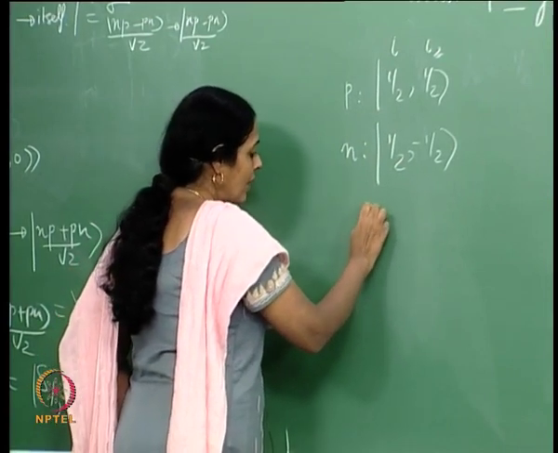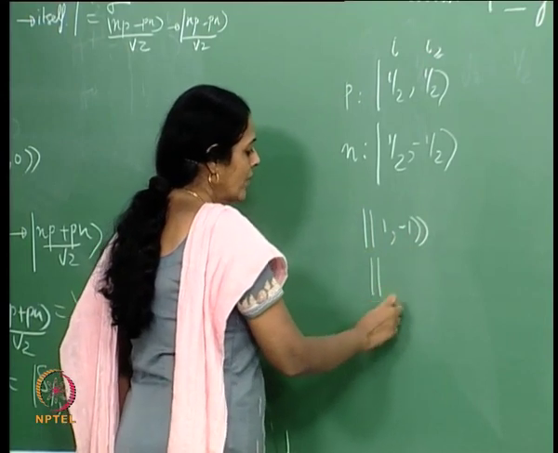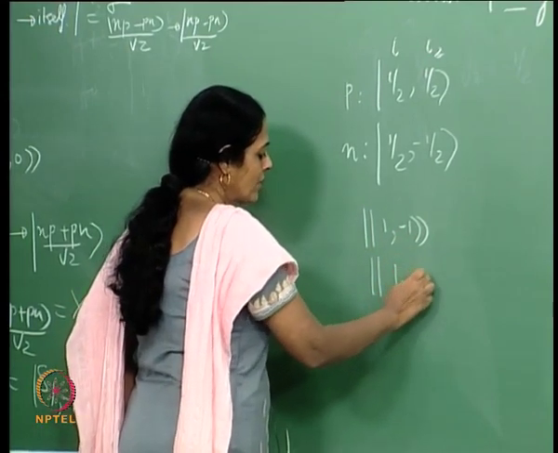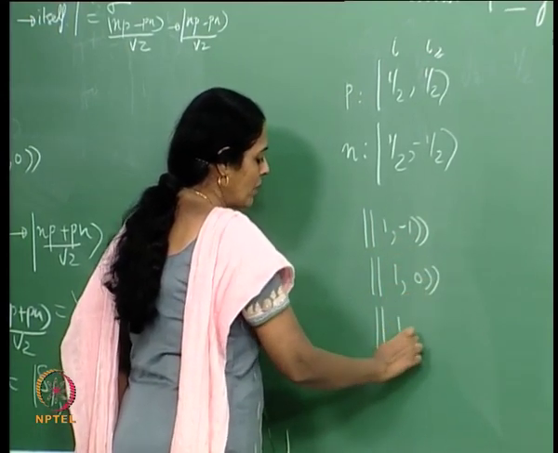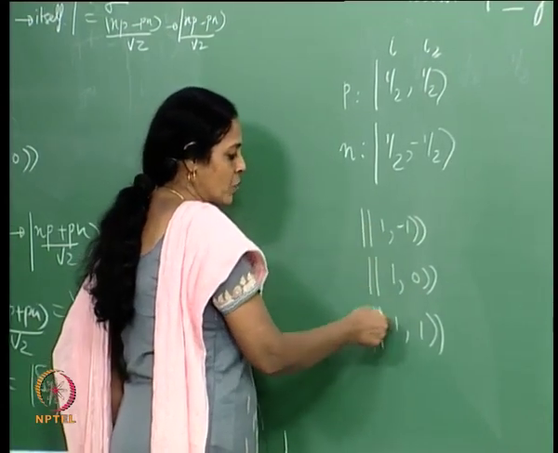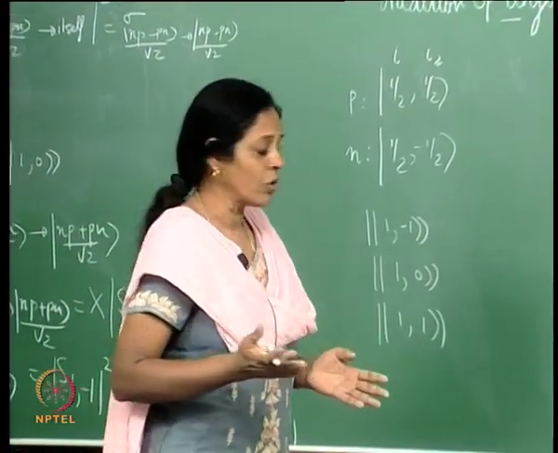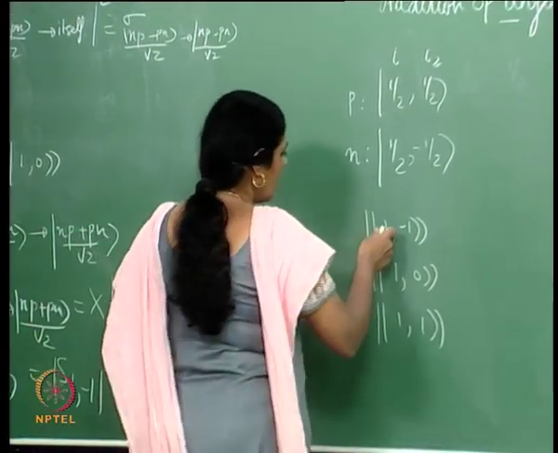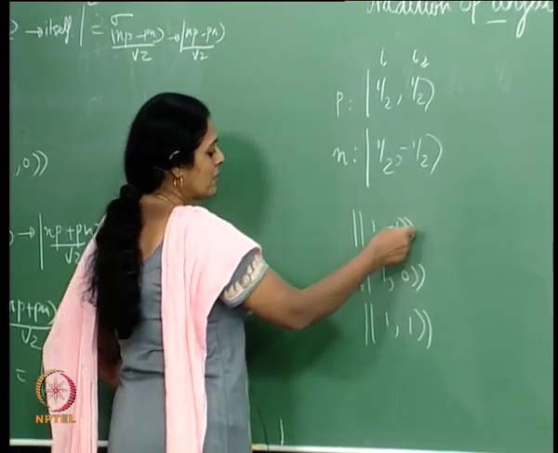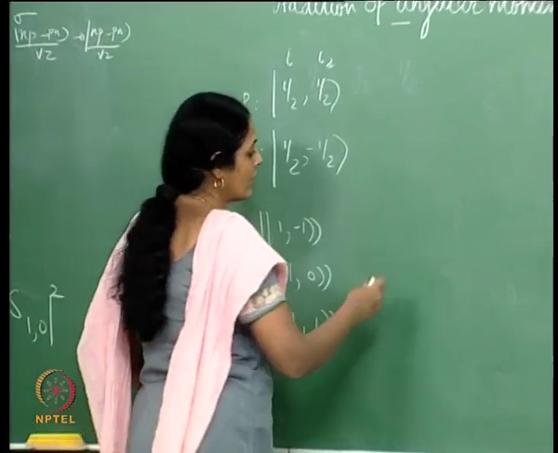Obviously, therefore, I cannot see the difference between 1, minus 1, 1, 0 and 1, 1, because these are all states with the same isospin value made of the same set of particles, nucleons, 2 nucleon system with I equals 1, but the Iz value changing. And therefore, I will use a shorthand notation.